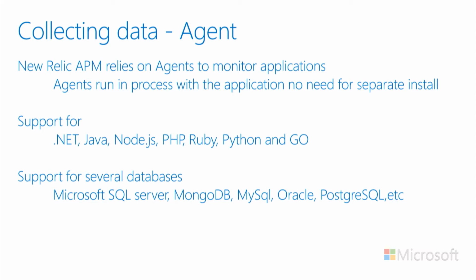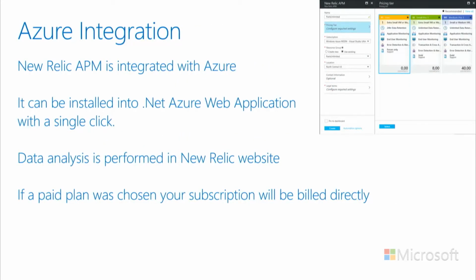The agent has support for .NET, Java, Node.js, PHP, Ruby, etc. And it also has support for several databases like Microsoft SQL Server, MongoDB, MySQL, Oracle, etc. So the stack covers a lot of ground.